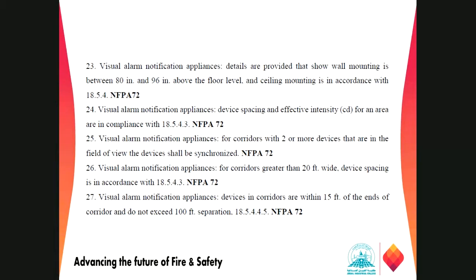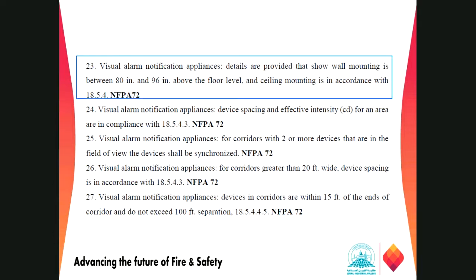And there are some other requirements. If there are visual alarm notification appliances, the visual alarm like the flashing light and all, they should be between 80 inch and 96 inch above the floor level, and the ceiling mounting in accordance with 18.5.6 of NFPA 72.